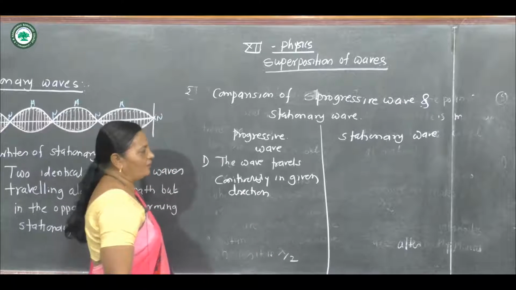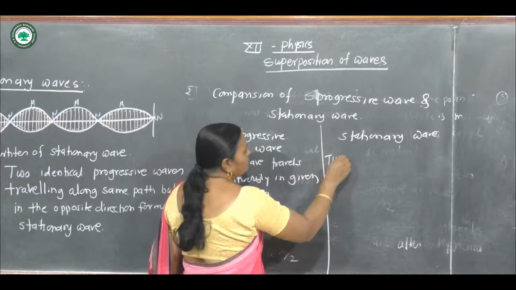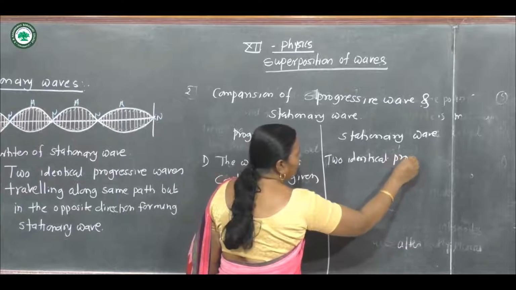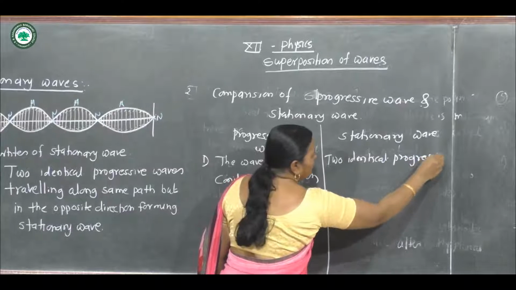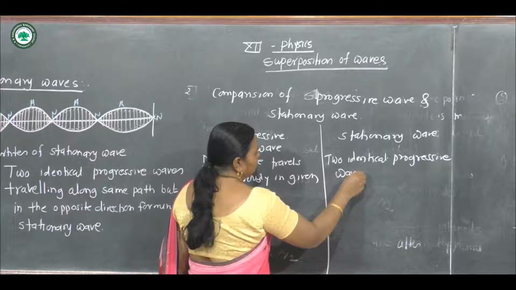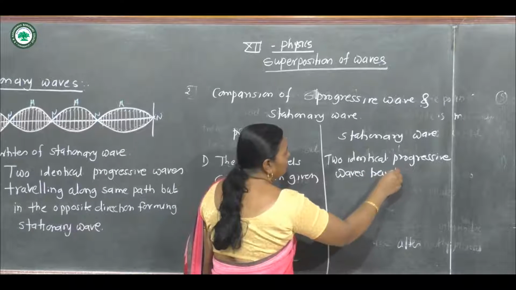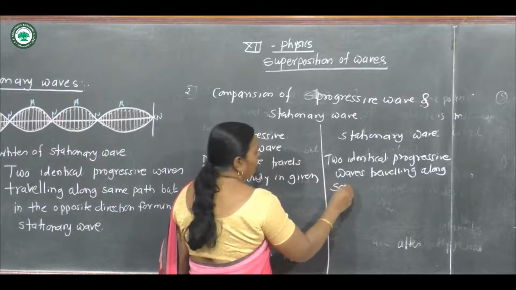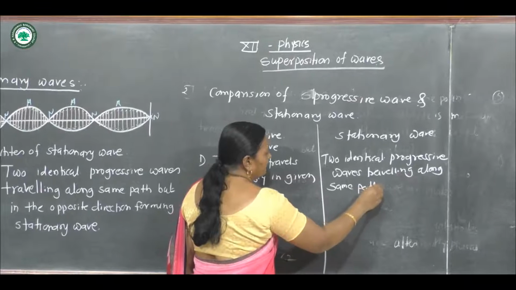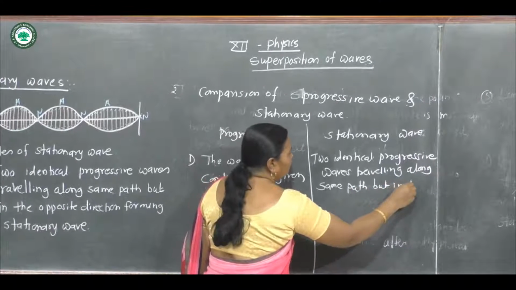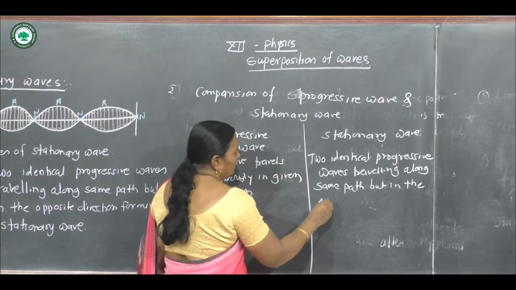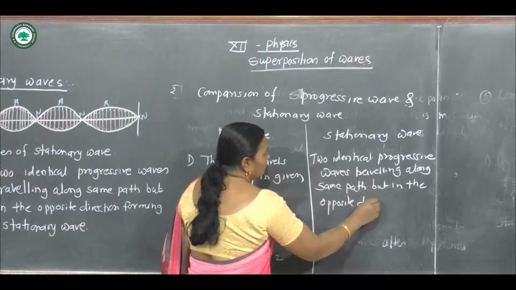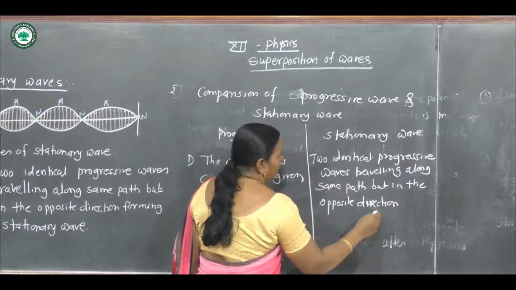Here, two identical progressive waves traveling along the same path but in opposite directions form a stationary wave.